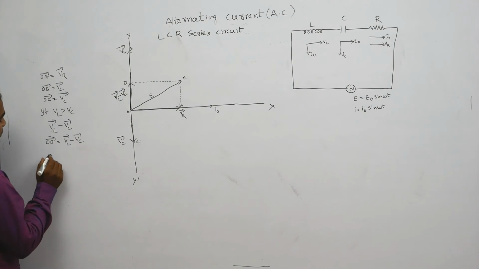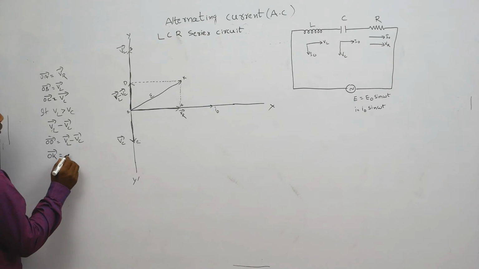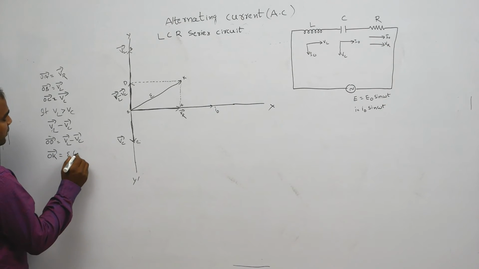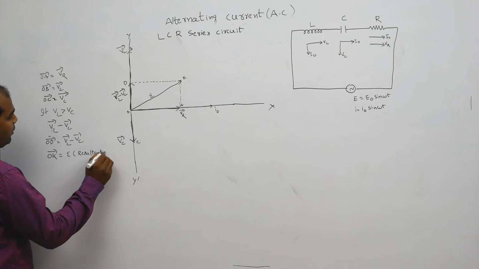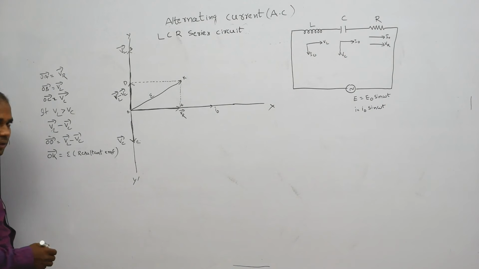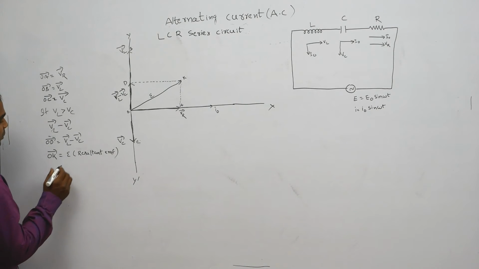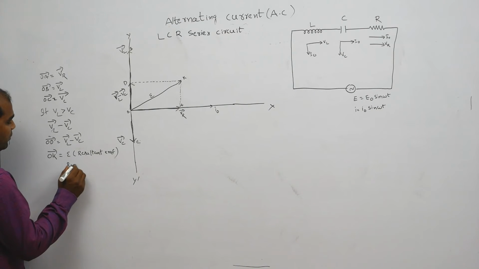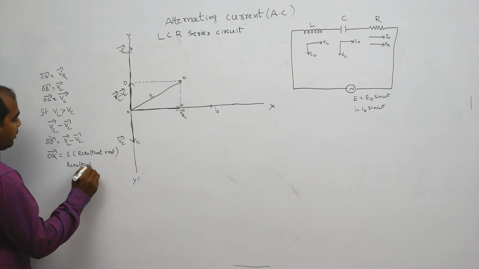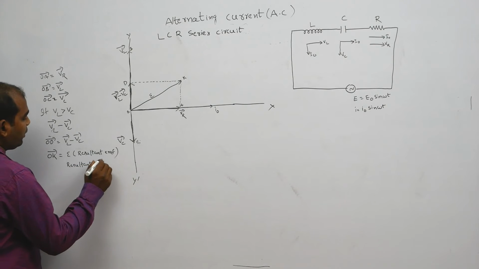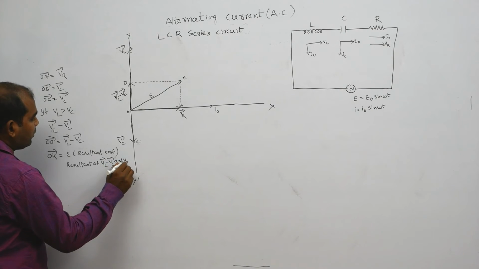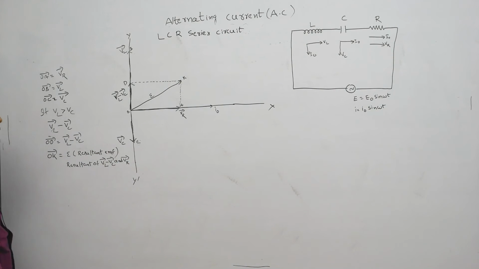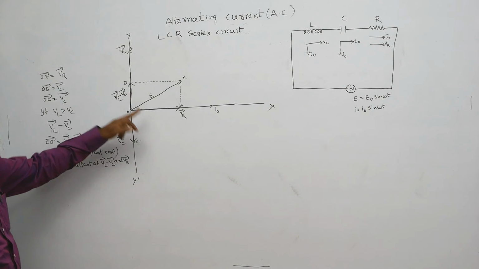OK bar is the resultant EMF, the resultant of VL bar minus VC bar and VR bar. So this is the resultant of both these two vectors.